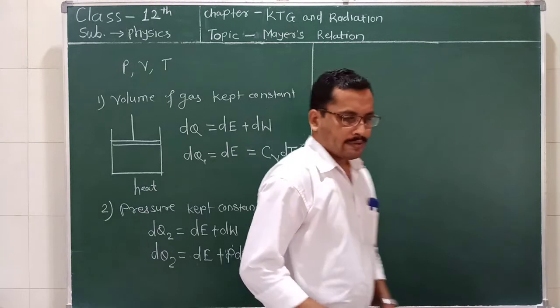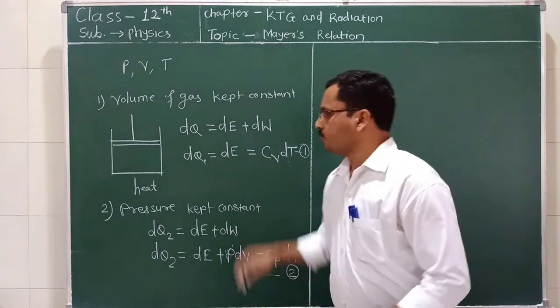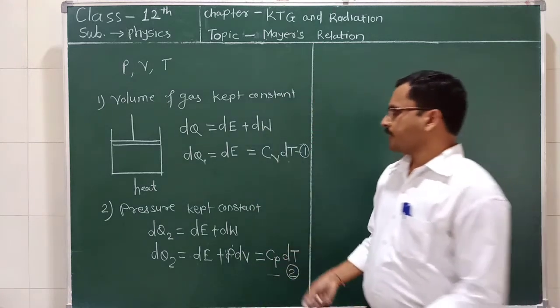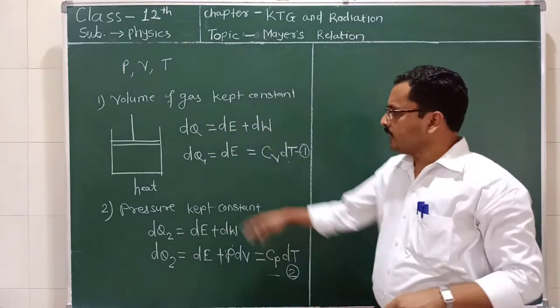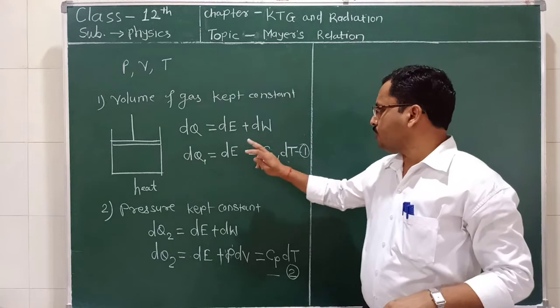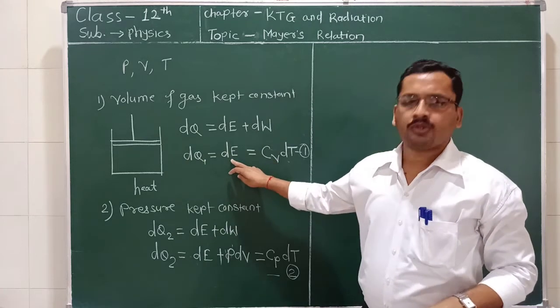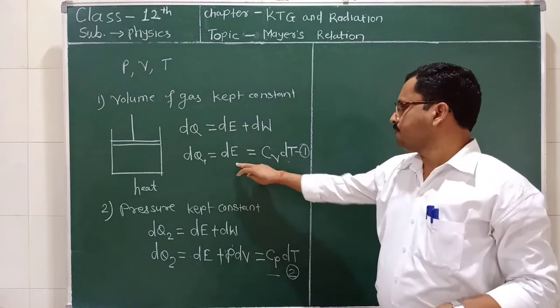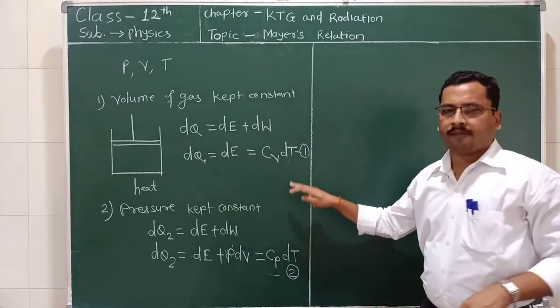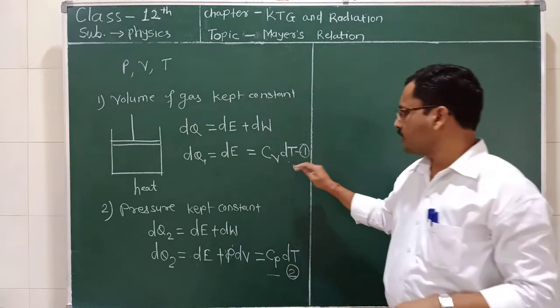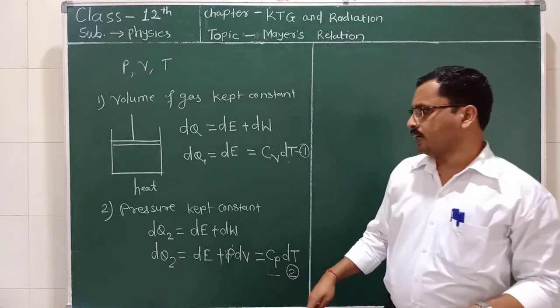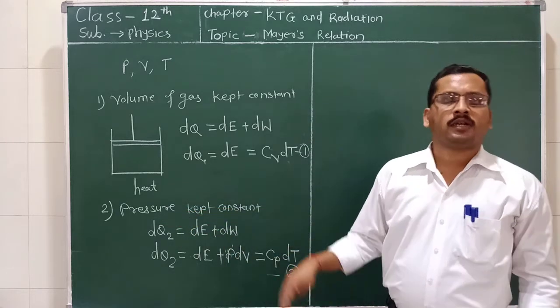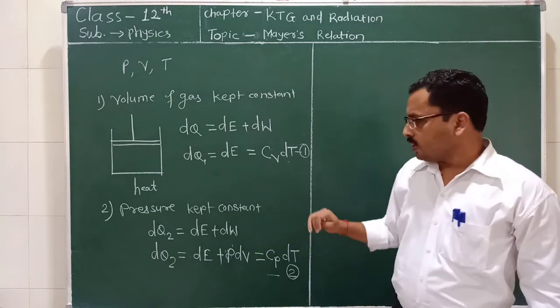So from equations 1 and 2, we see that in the first case, when the volume of the gas is kept constant, the amount of heat supplied is totally used to increase the internal energy, which is equal to Cv multiplied by dt, where dt is the change in temperature. In the second case, the pressure is kept constant so that the volume of the gas can increase or decrease.